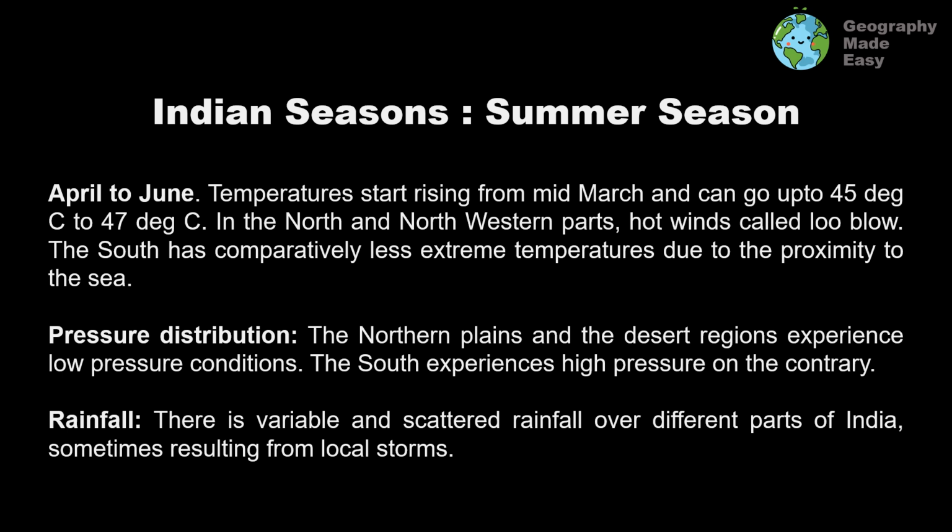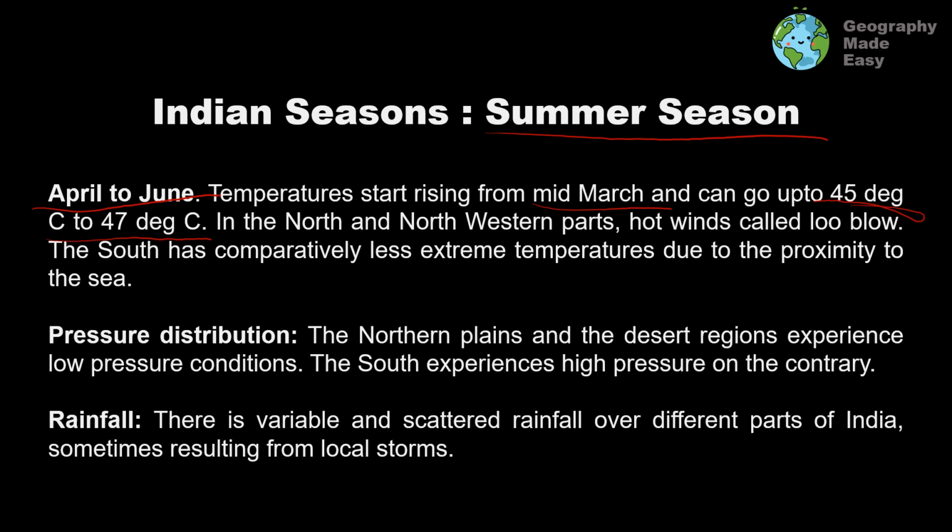Next we move on to the summer season. The summer season in India is between April and June. The temperatures start rising from mid-March, and can go up to 45 to 55 degrees Celsius in the northern and northwestern part of India, especially over the Thar desert, central India and the northern plains.